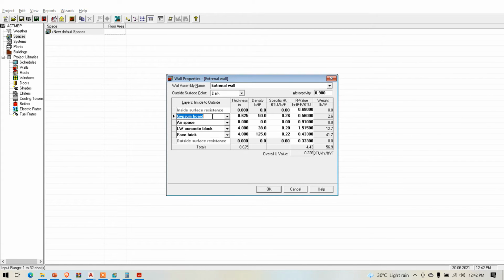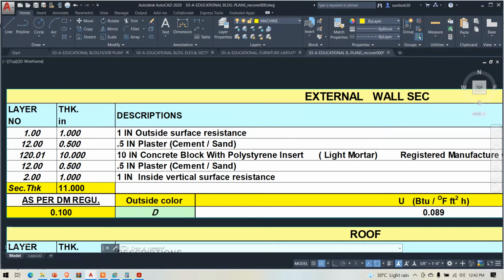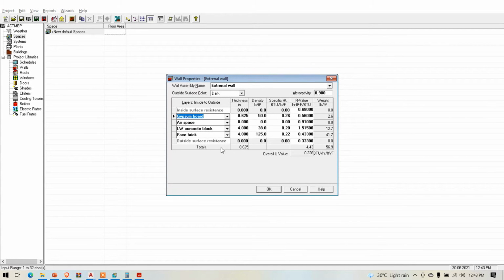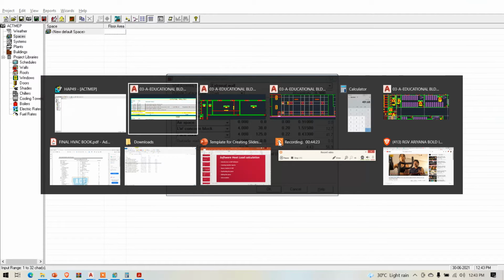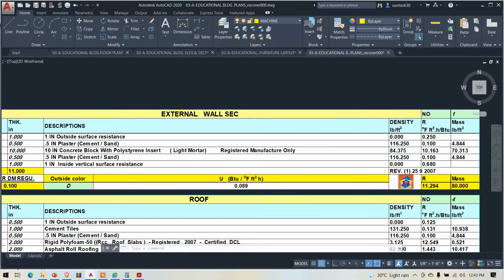The next one is 0.5 inch plaster, cement and sand. If you want to write the description, you can write the description like this, and the R value we can provide here. The R value is 0.10.